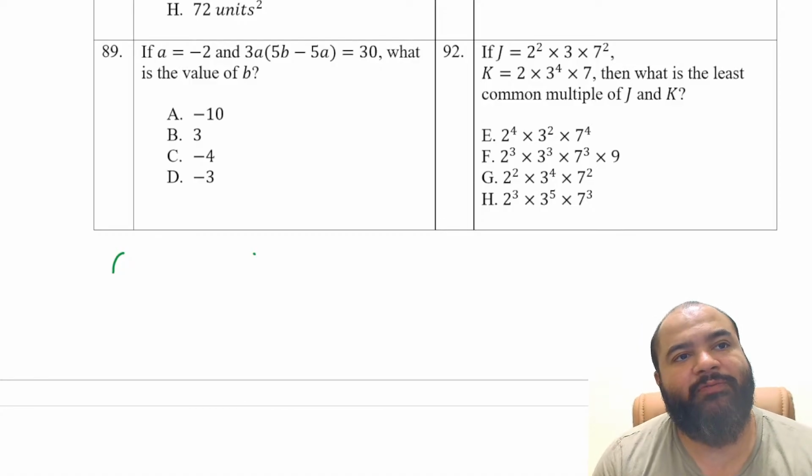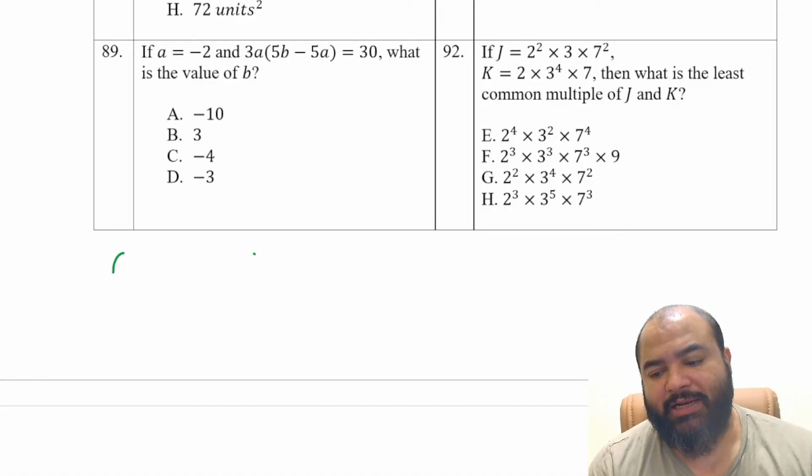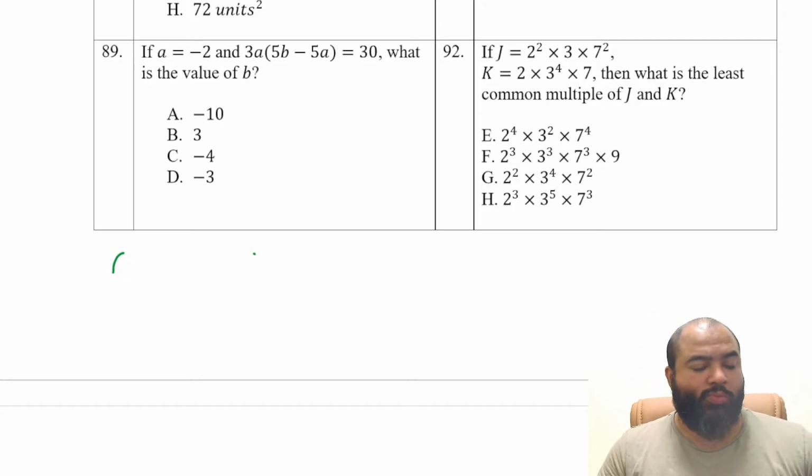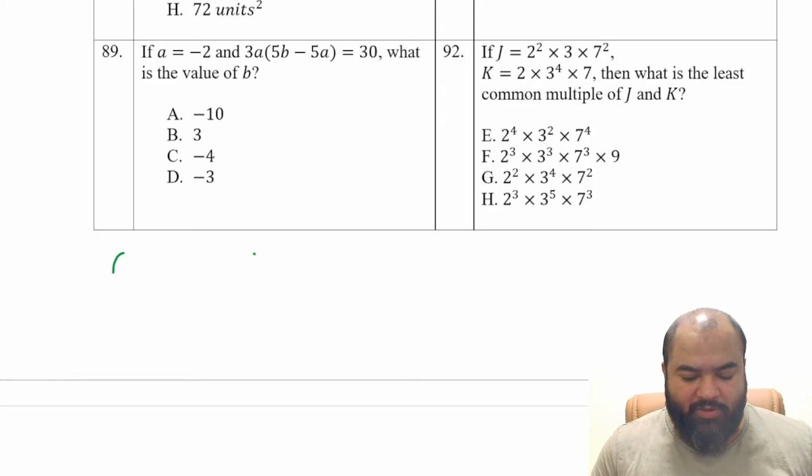So now, how do we find the LCM between J and K? Oh, they already did the cake.